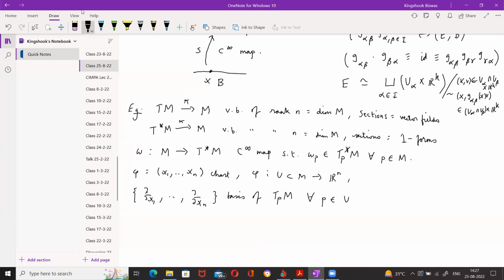And we know that these functions x1 to xn are smooth functions on U, so their differentials dx1 to dxn at each point give the dual basis of the cotangent space Tp star M.